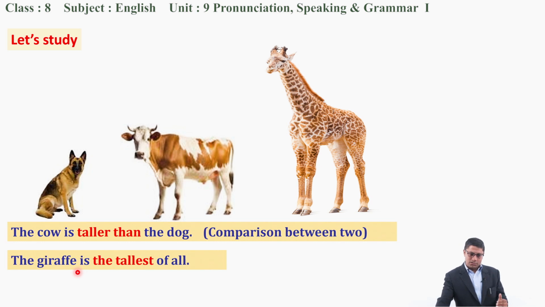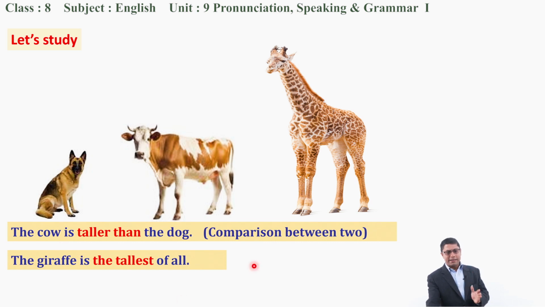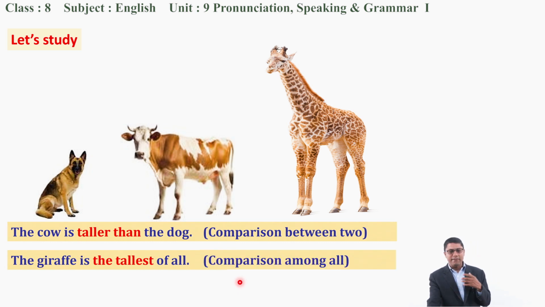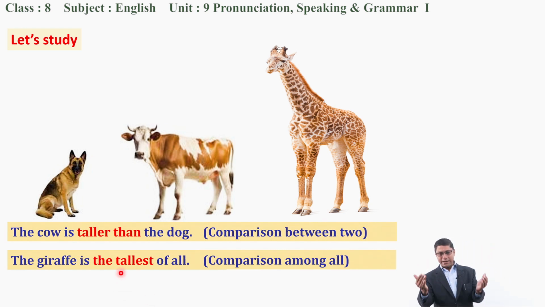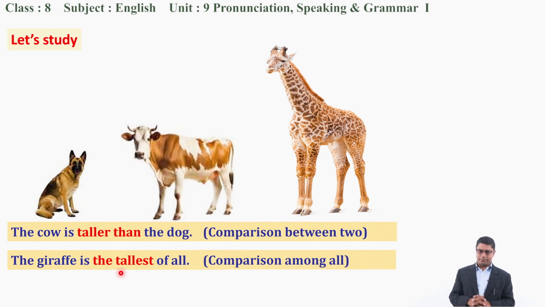Similarly, in the second one, we have compared all these animals and we came to know that the giraffe is the tallest of all. That's why now we can say that when we make comparison among all of them, then we use the superlative degree. I hope you got the idea of using comparative and superlative degree.